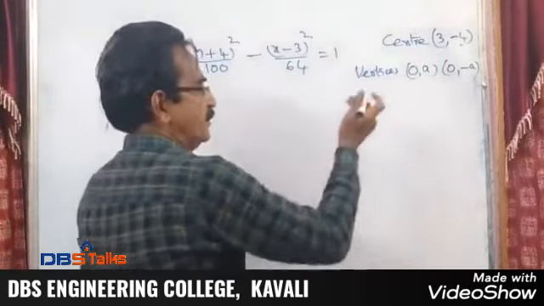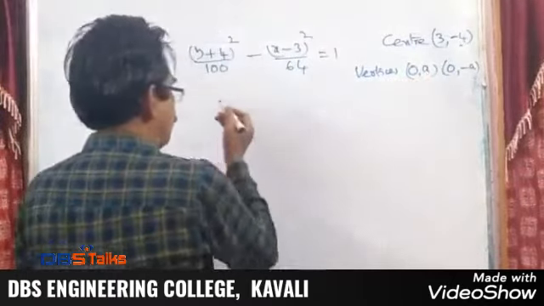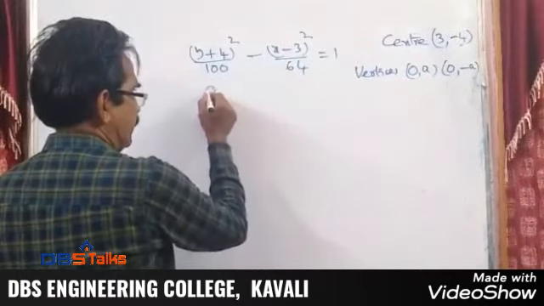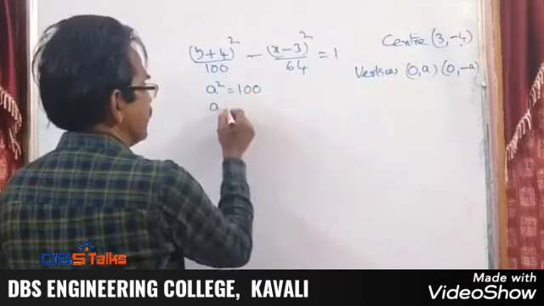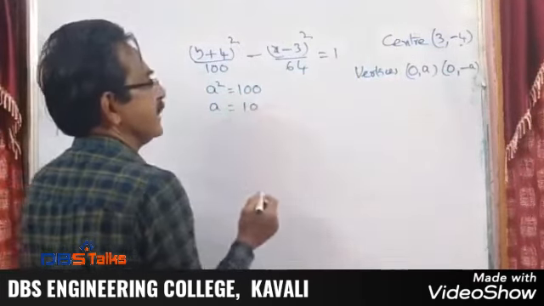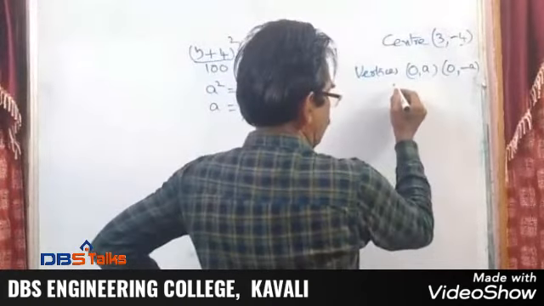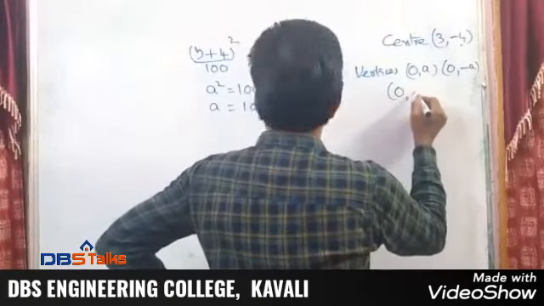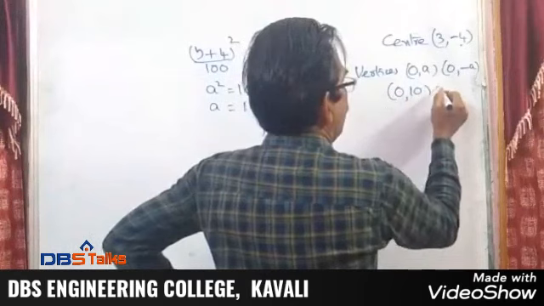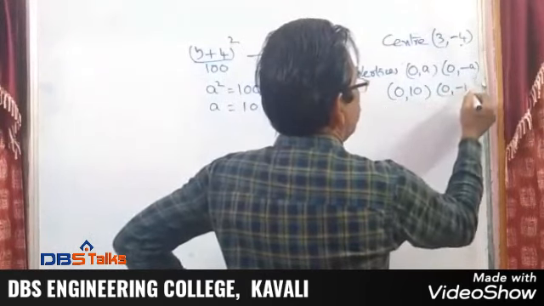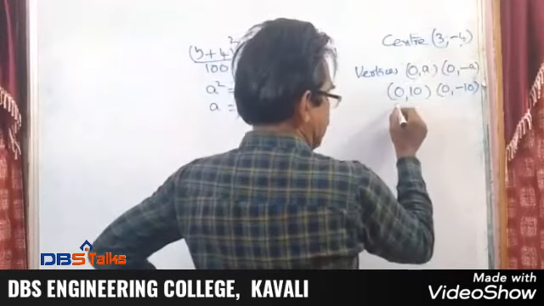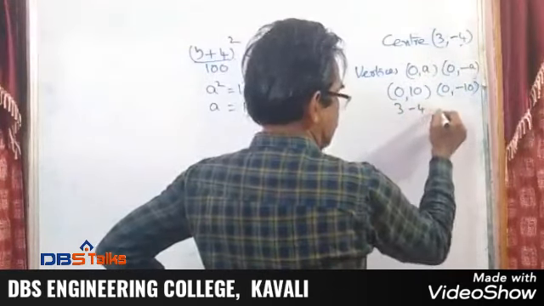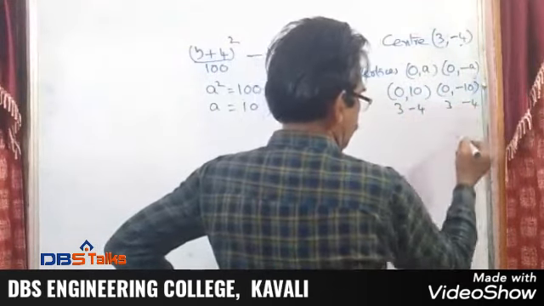Okay friends, for that first we have to find a. What is a square? A square is 100, then a is 10. So vertices are 0 comma 10 and 0 comma minus 10, and we have to add the center 3, minus 4.